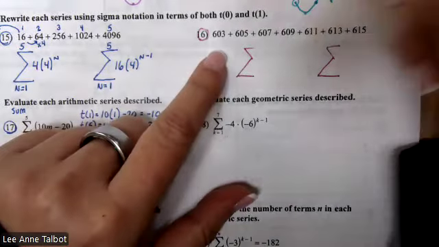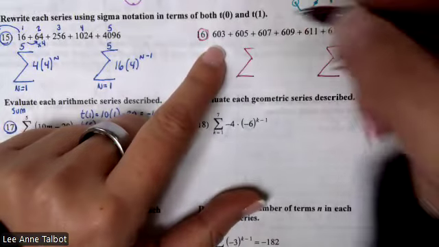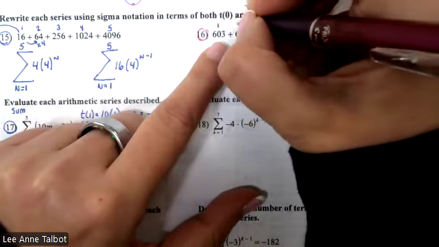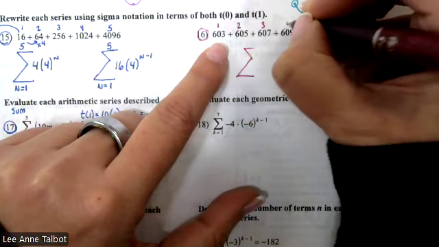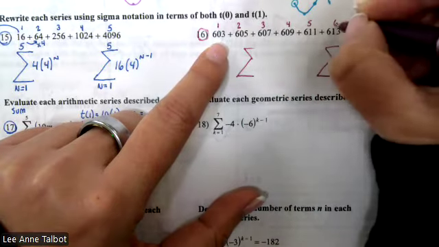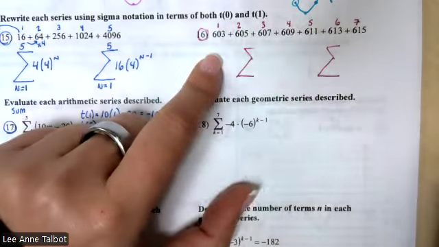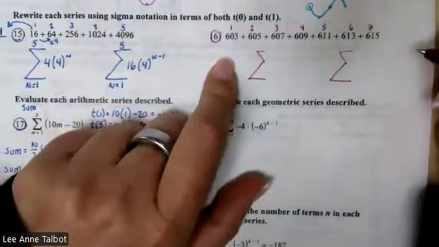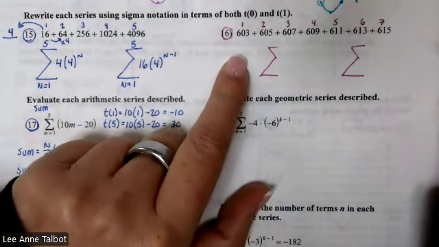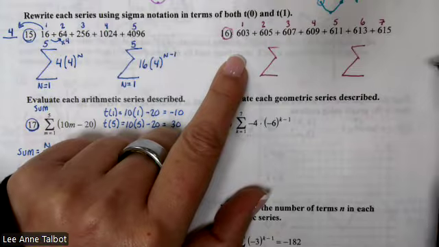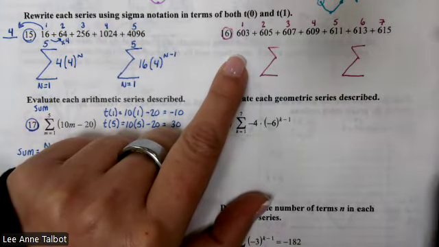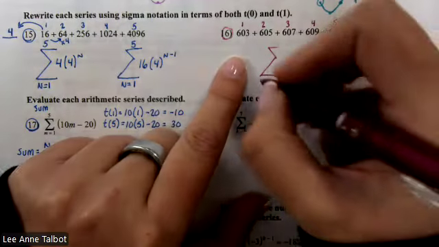And the first thing after I make my two sigmas, I'm going to count how many terms. 1, 2, 3, 4, 5, 6, 7 terms.